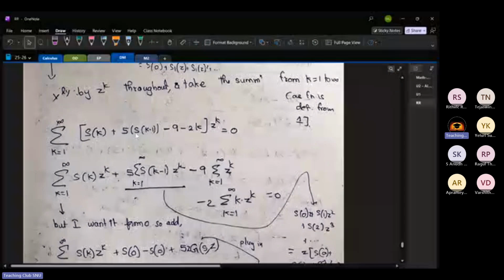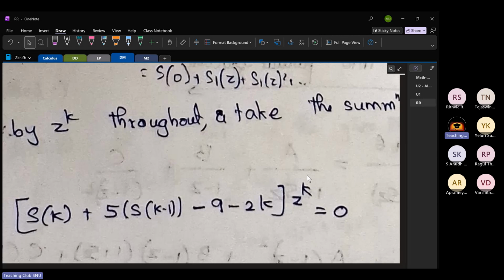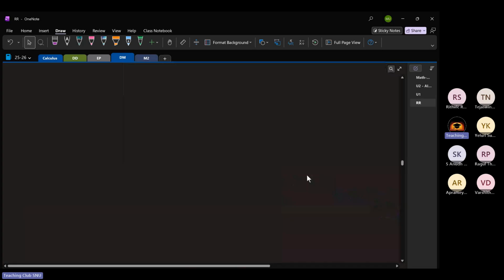The whole equation is multiplied by z power k. But I've still not figured out how to find the summation of Sn z power n. So how will I do that? Take summation fully. But where will you take summation from? Take summation in such a way the question is defined.